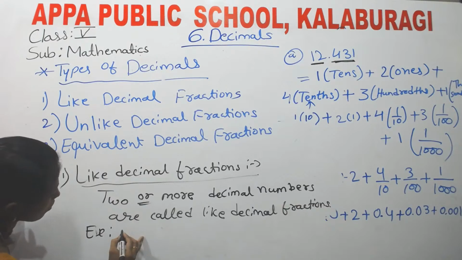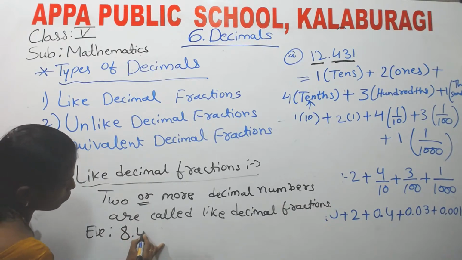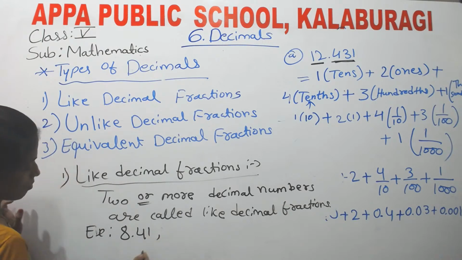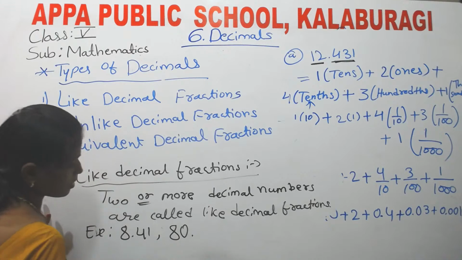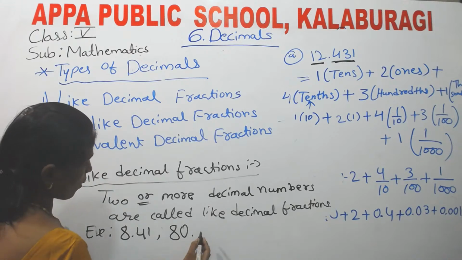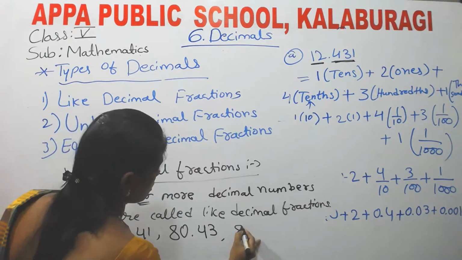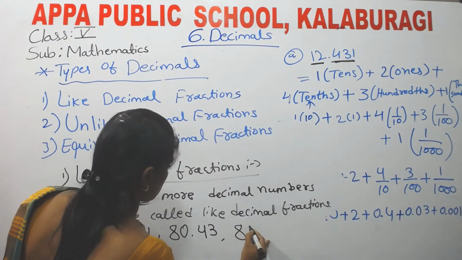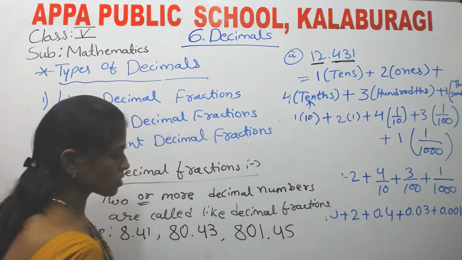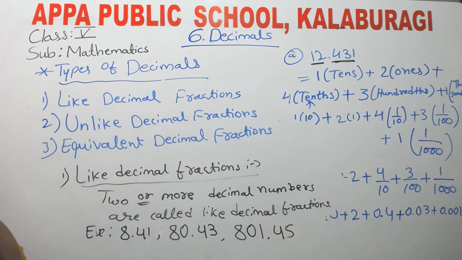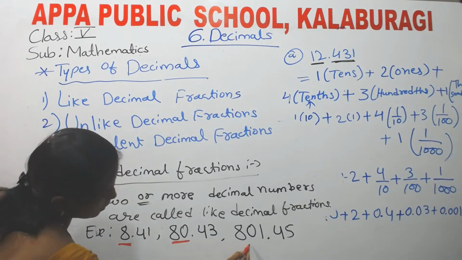For example, 8.41. Next, 80.43 and 801.45. Now see, children, this is the integral part.